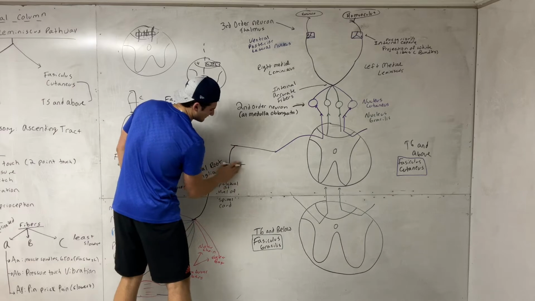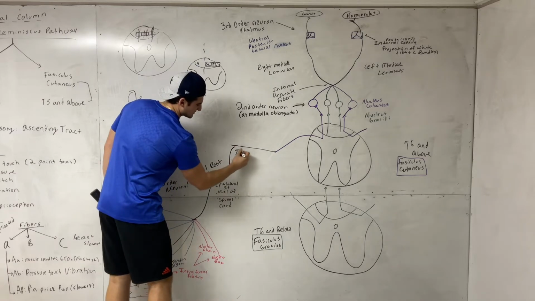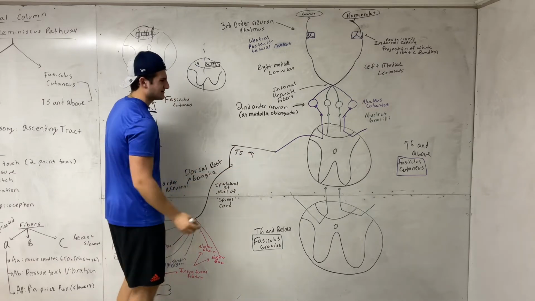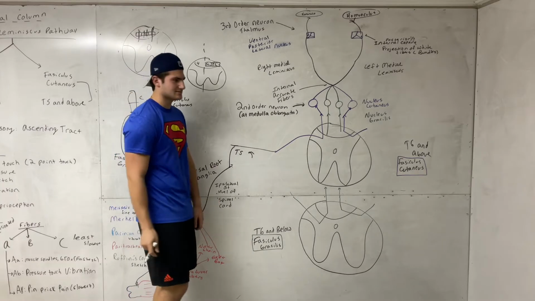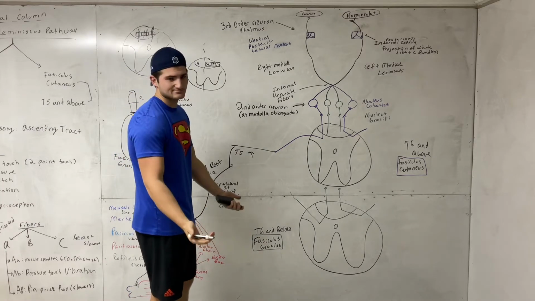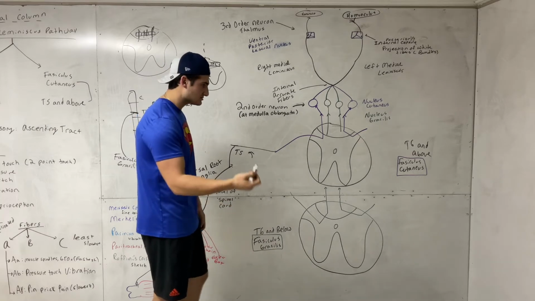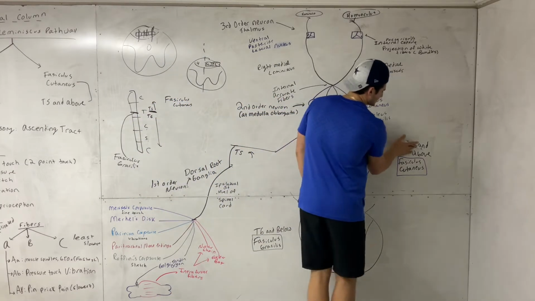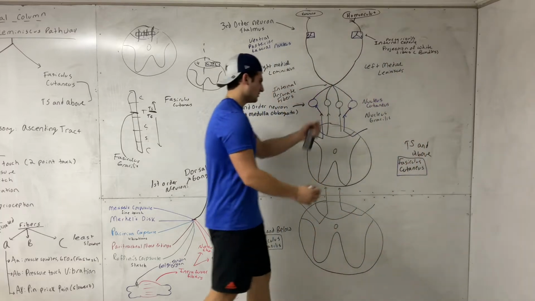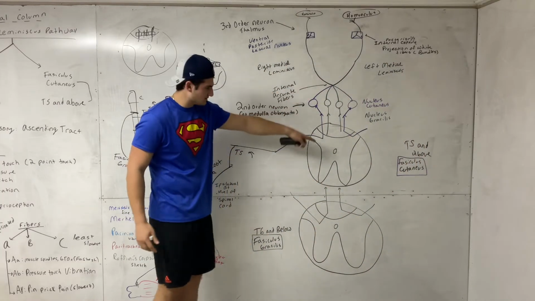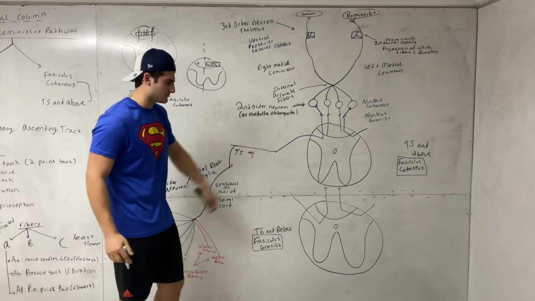If he's coming from T5 and up, we're going that way. And where are we going to stimulate to? What are we going to hit? Well, fasciculus cuneatus. I have T6, but surely T5 and above. So if we're coming from above, we're going to go here, fasciculus cuneatus. I have them in purple.